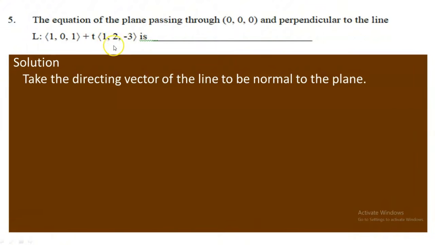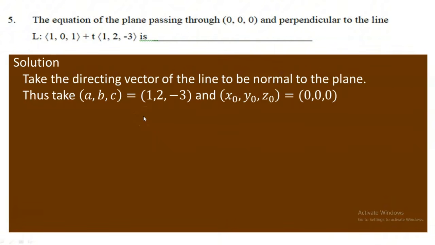3. So if the vector is parallel to the line, and if the line is perpendicular to the plane, necessarily the vector 1, 2, minus 3 is perpendicular to the plane. So you can consider this vector as the normal vector to the plane. Using that, we can determine the equation of the plane. The normal vector here has components a, b, c, which is identical to 1, 2, minus 3, because this is a directing vector of the line.